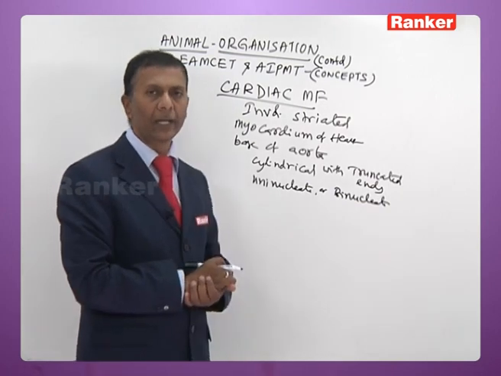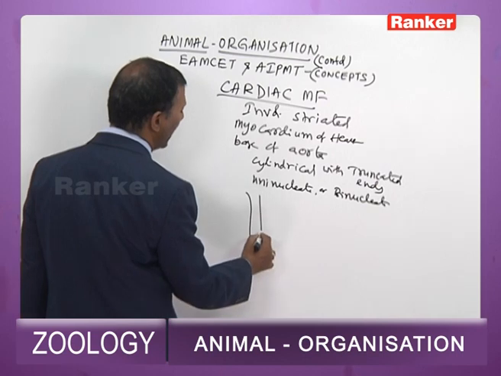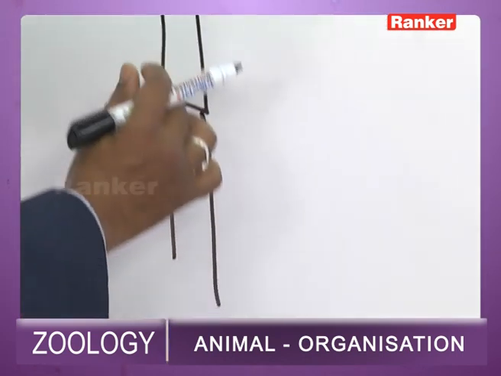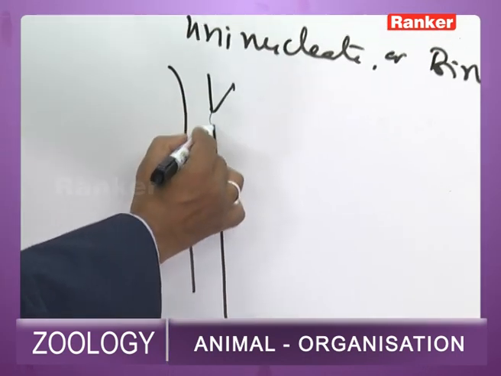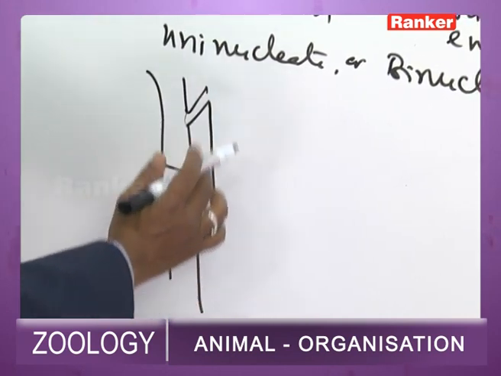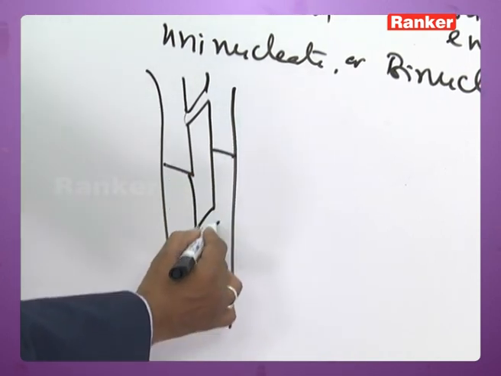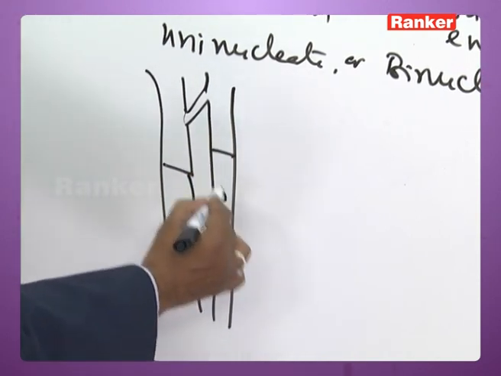Then the cardiac muscle fibers are arranged end to end like this, and they are all branched. The only muscle fiber which is branched is the cardiac muscle fiber.